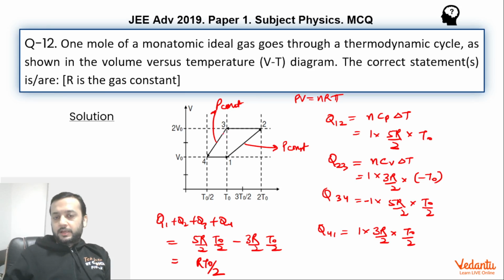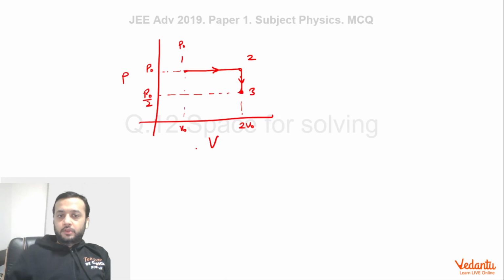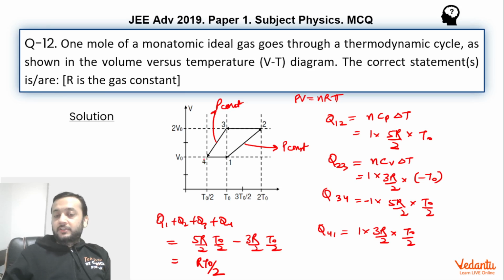From 3 to 4, again, we are moving at constant pressure and the volume has been halved. That means from 2 V naught, we will go back to V naught. So this is point number 4. And from 4 to 1, isochorically, we have doubled the temperature.